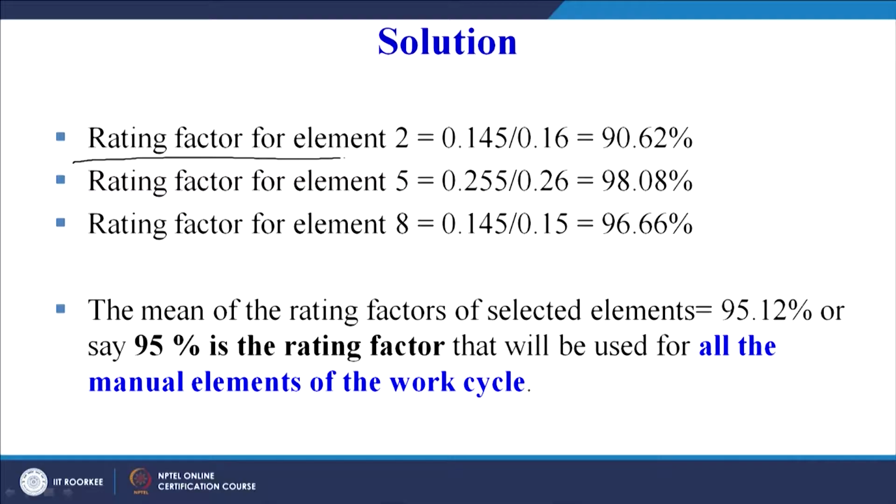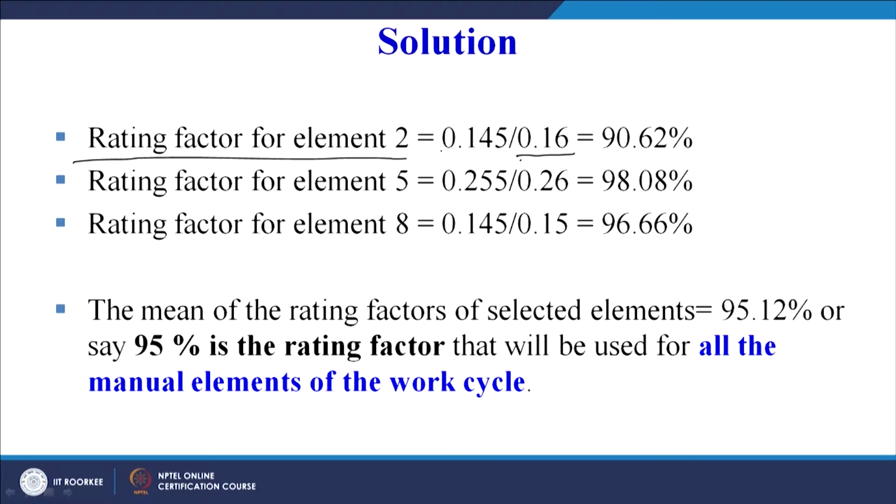Now let us see how to calculate the normal time using this performance rating factor. The rating factor for element 2 is calculated as follows. We have 2 data available with us. One is the PMT system data which we have found out, and the other is the actual data which has been recorded, or the average value of the actual data for element 2. The PMT data is in the numerator and the actual data is in the denominator.